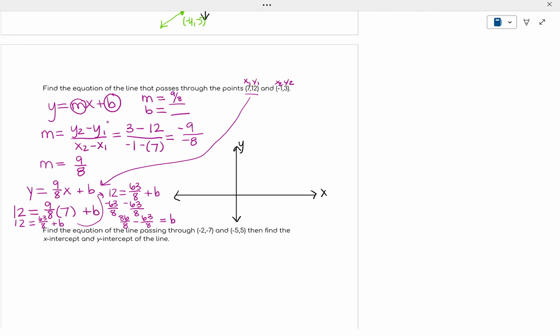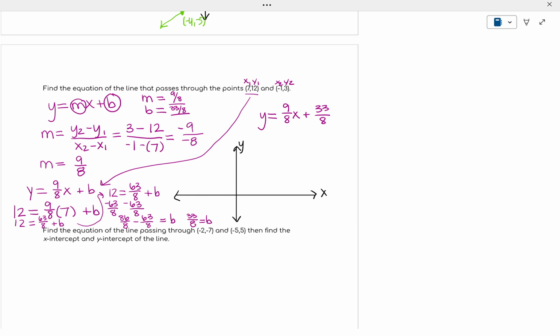So b equals 33 over 8. So now we can fill this in here. Now that we have our m, we have our b, we can plug this into the slope-intercept form. So y equals 9 over 8x plus 33 over 8.